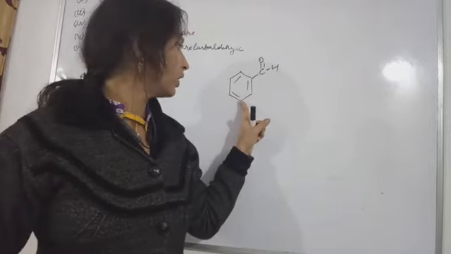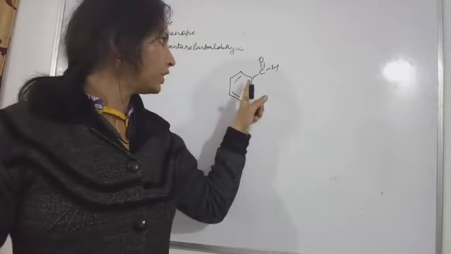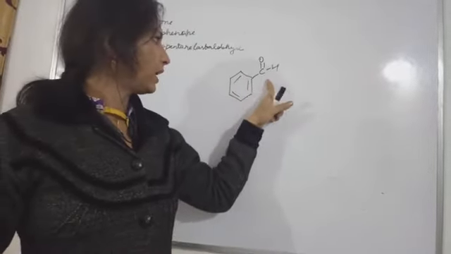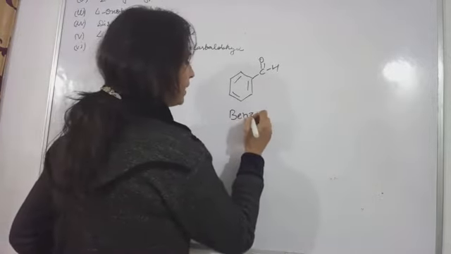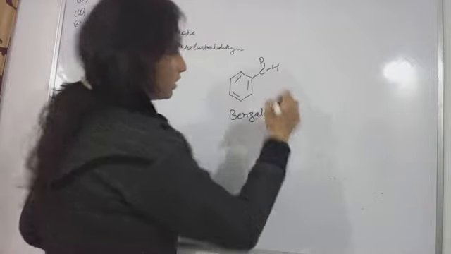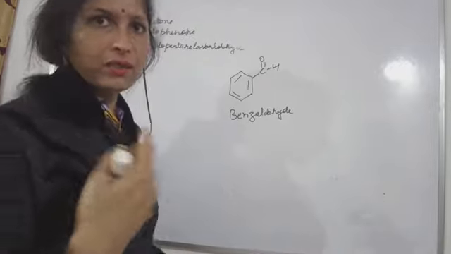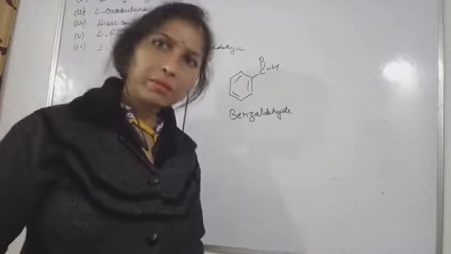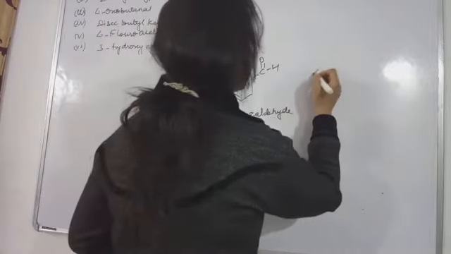Here also the benzene ring is present, and with the benzene ring this carbaldehyde group is present. So instead of saying benzene carbaldehyde, we call it benzaldehyde, the common name. IUPAC has also accepted it. That is why every time, instead of saying benzene carbaldehyde, we say benzaldehyde.